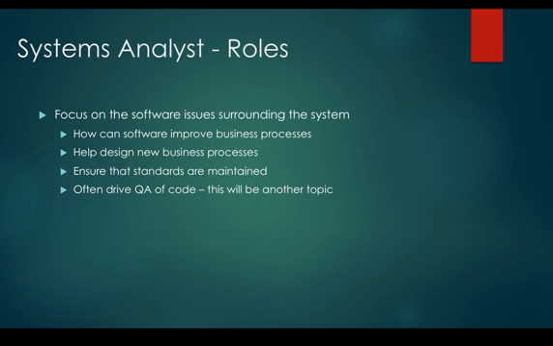Requirements documents aren't going to go to my developers unless they actually make sense. They eliminate as much ambiguity as can be eliminated. And then they also often drive the quality assurance, or the QA, of the code. And I actually want to spin this off into a separate topic because this is another one of those areas where I've worked in several environments where QA is just kind of dubbed as or viewed as not quite that essential process of the software development lifecycle, even though developers were consistently pushing out code that broke.